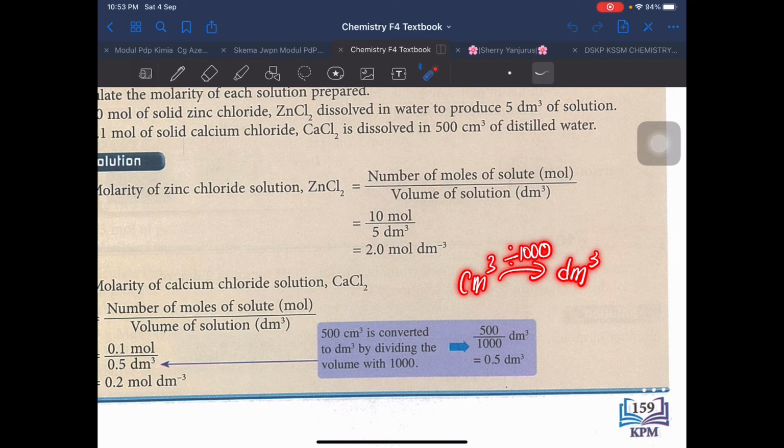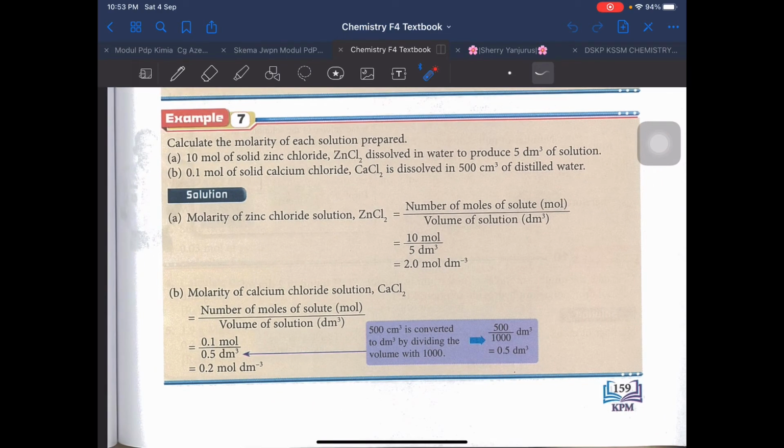Like that. Okay? So 500 divided by 1000 is 0.5 cubic decimeter. Barulah you put in the formula. 0.1 dari mana? It's from the question here. So you get the answer. Rupa-rupanya bila pepejal kalsium klorida dilarutkan dalam air suling sebanyak 500 cubic centimeter, begini pula kepekatan dia.